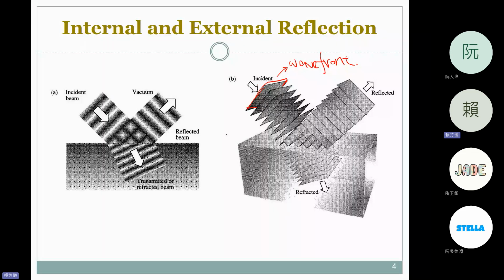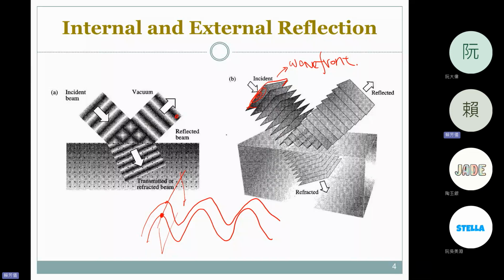For example, we have a wave such as this. All of the heights of the wave can be connected to construct the wavefront here. For the left side, this is a cross-section view of the wavefront.